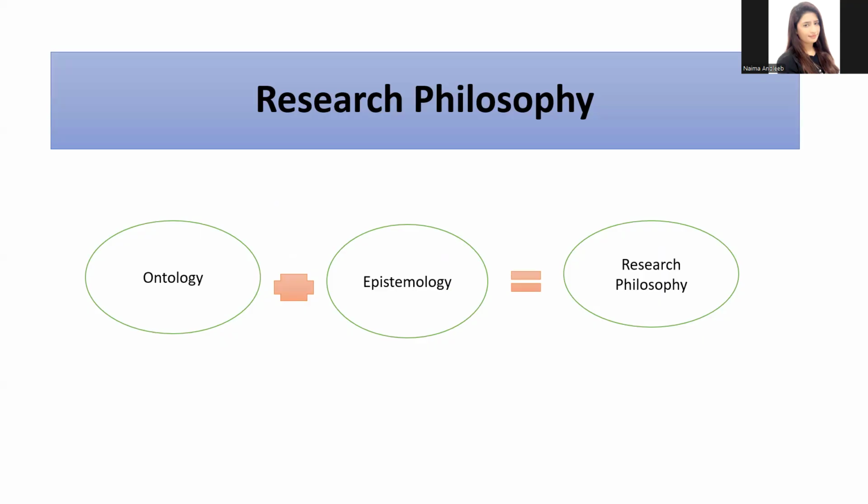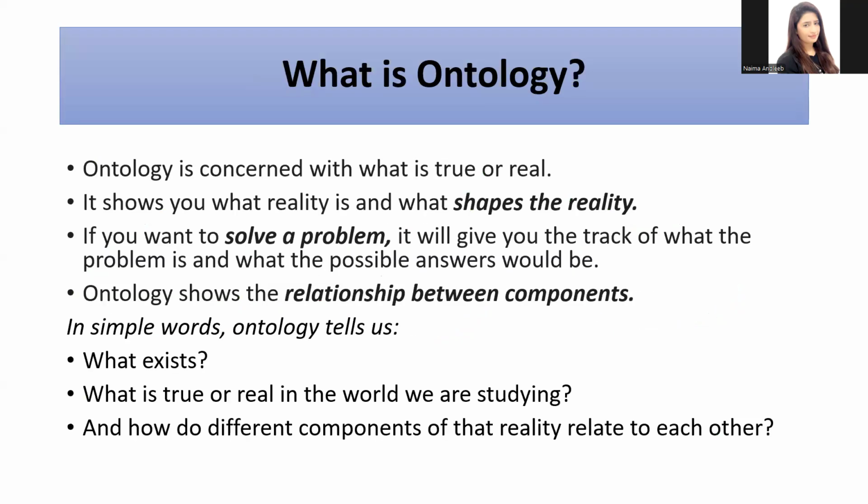According to our study, we need to find out which type of ontology and which type of epistemology we are going with, and we formulate our research track to make our research philosophy and to proceed with our research for our study.